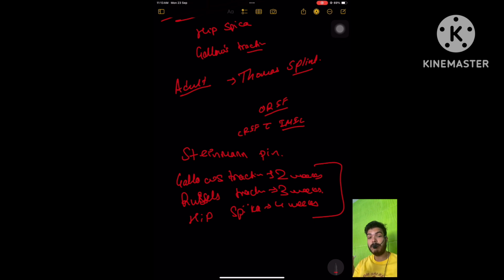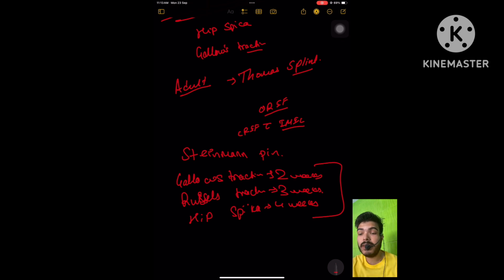You would have to do toilet in bed, which will again lead to bed sores and a lot of complications. So for adults, if you need conservative management, you have to go for a Thomas splint. But if it's a condition where you have to operate, then you just operate on the patient.